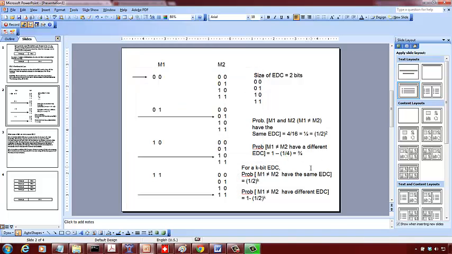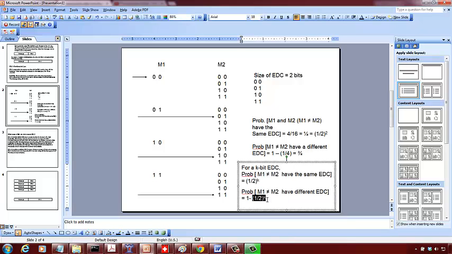So the probability that M1 not equal to M2, the two different messages, have a different error detection code is going to be 1 minus this 1/2 raised to k.